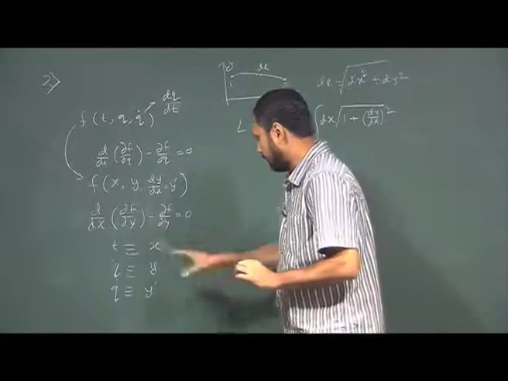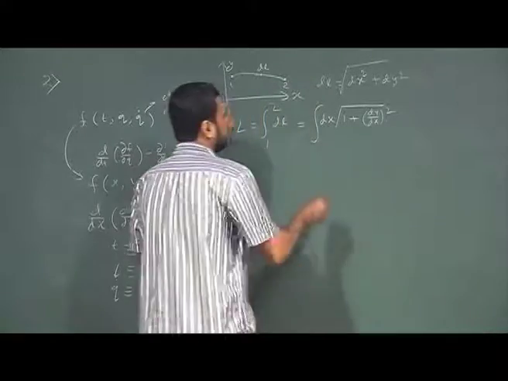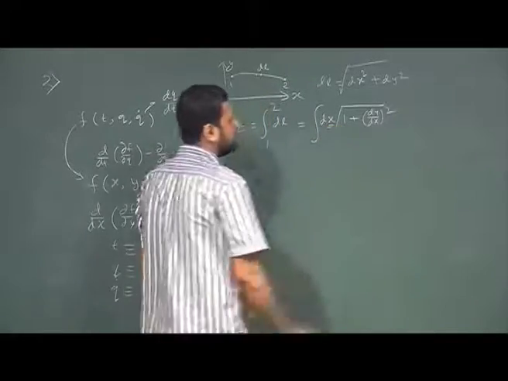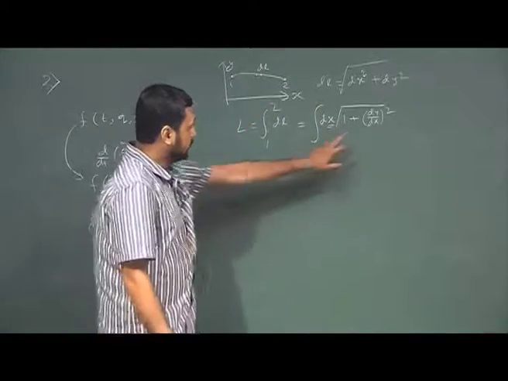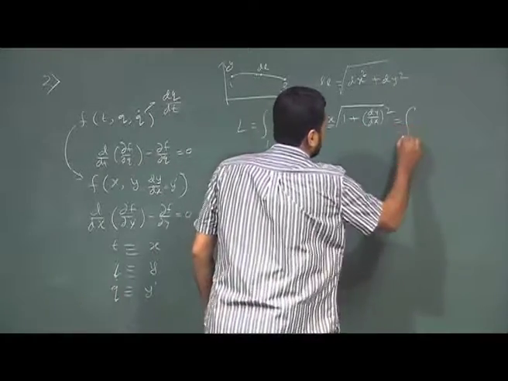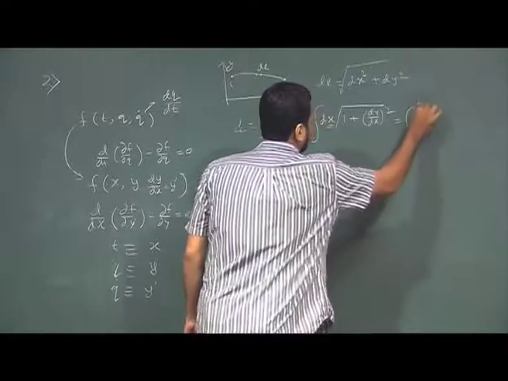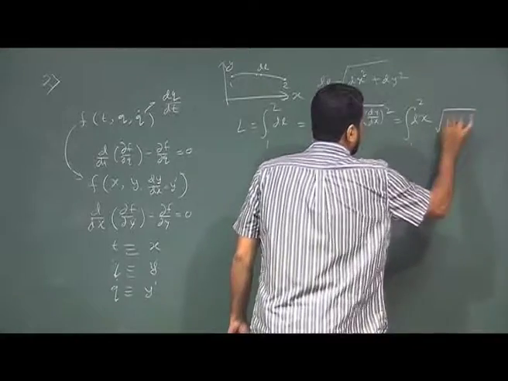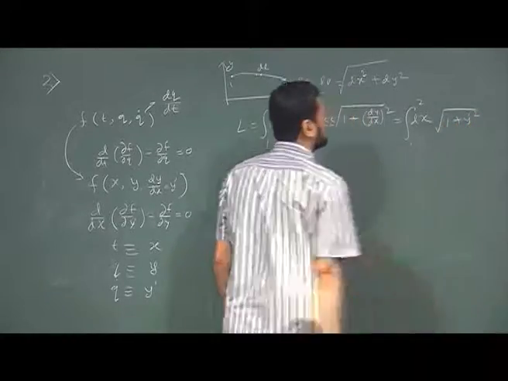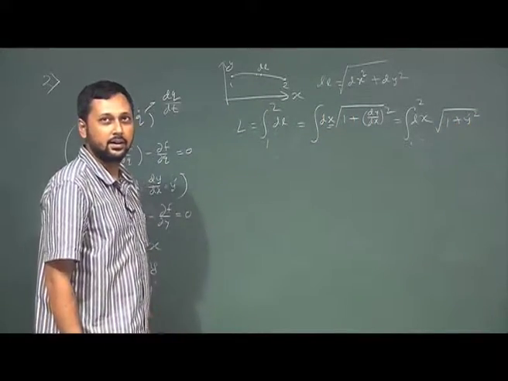So, following the same logic here, we see dx is our independent component. So, this is nothing but integration dx between 1 to 2 root over 1 plus y dash square, right, is it not?